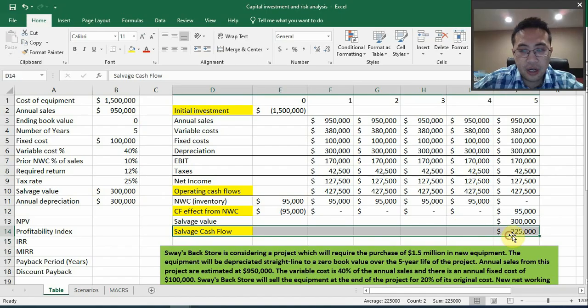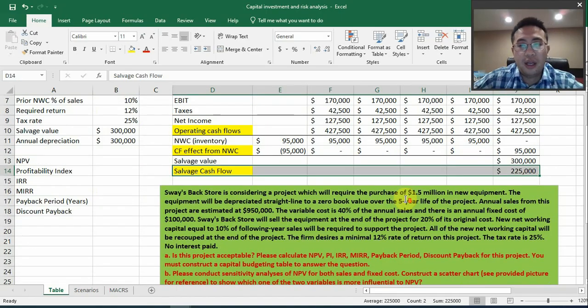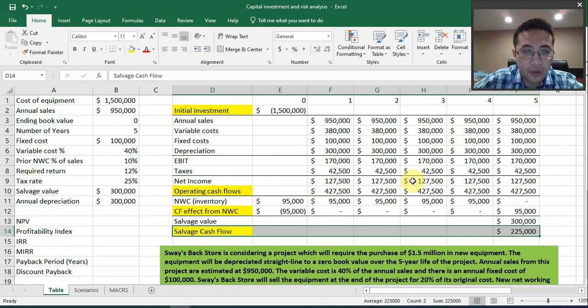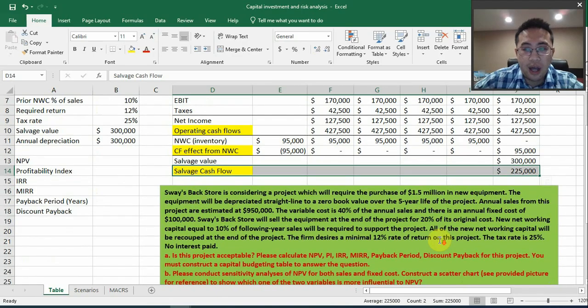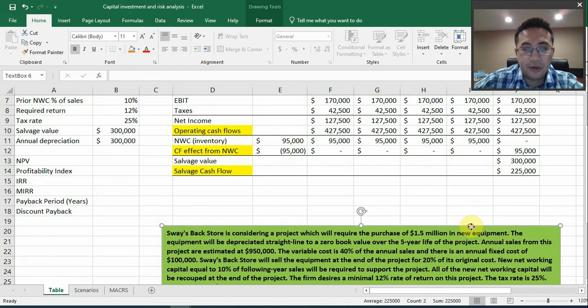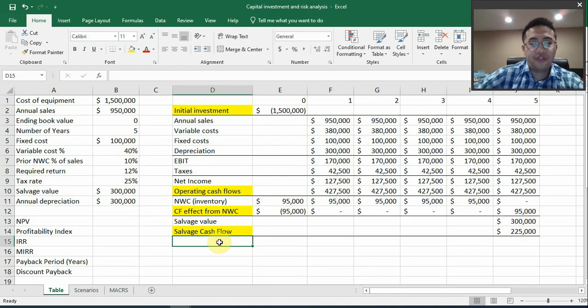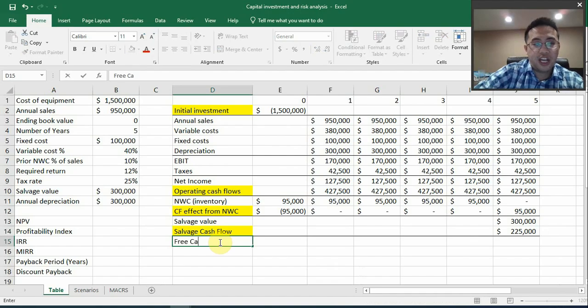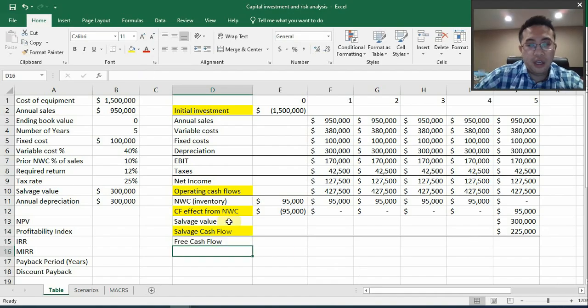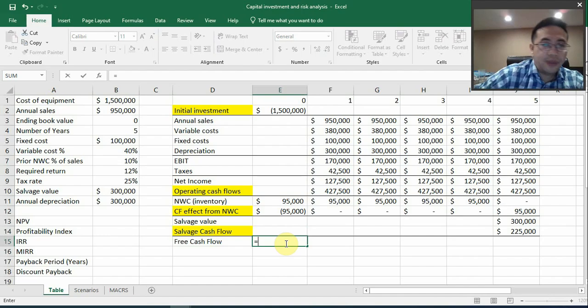And then I will put up a borderline here. Now I've got all the 4 components of free cash flow, and I will sum them up: initial investment plus the operating cash flow.